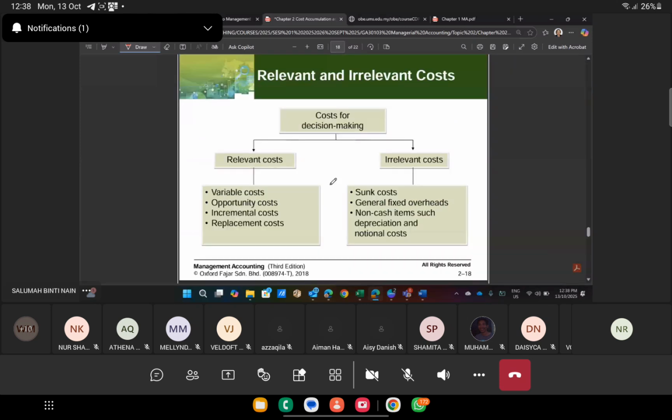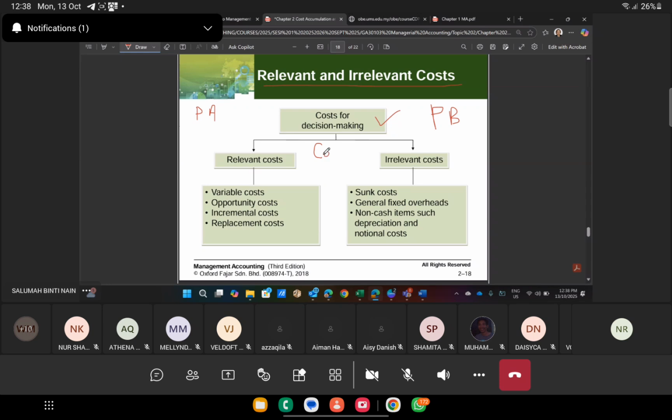And the last one, the purpose of why we need to do the classification of cost, is because of the relevant and irrelevant costs that I mentioned just now. So before we decide whether to produce product A or product B, how are we going to decide?